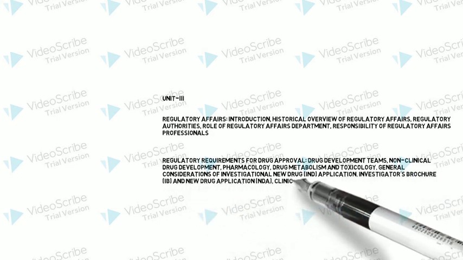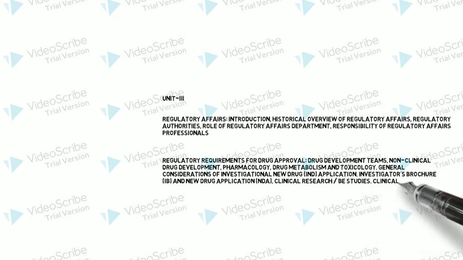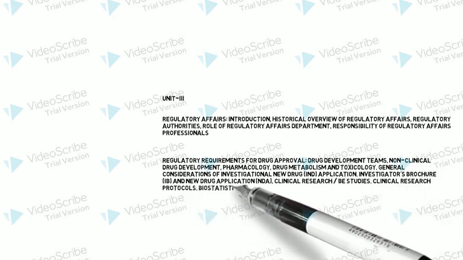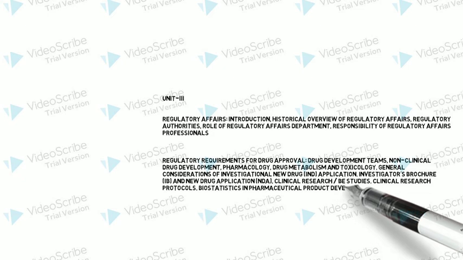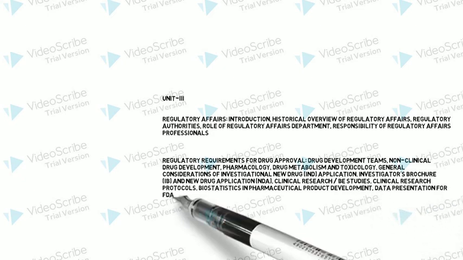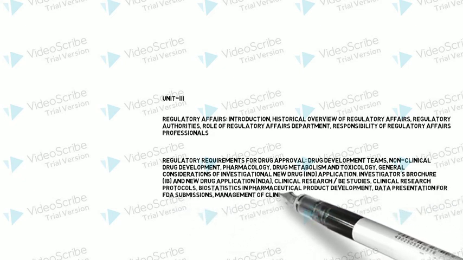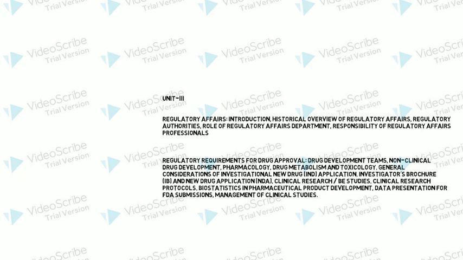In this regulatory requirements unit, we have divided it into two parts. In the first part, you will come to know what regulatory affairs is, its history, the constituent authorities required for the regulatory affairs department, and its responsibilities.